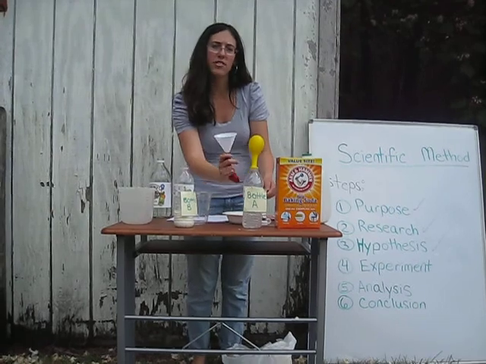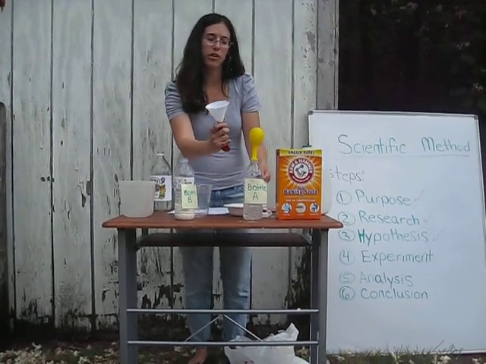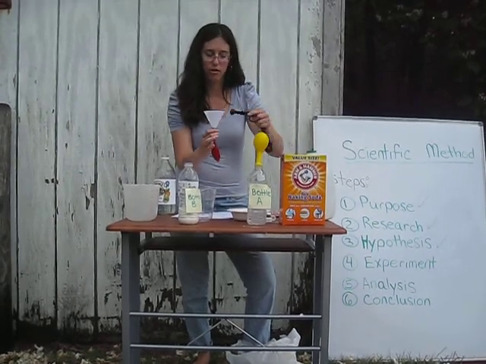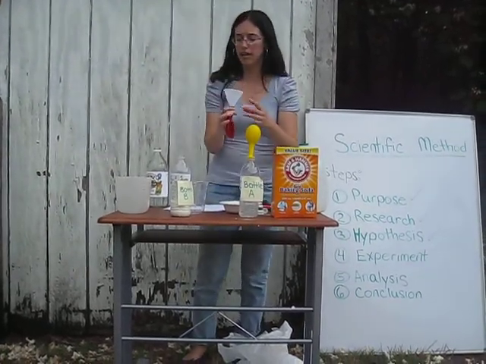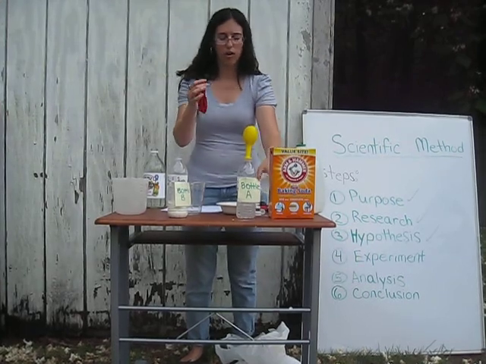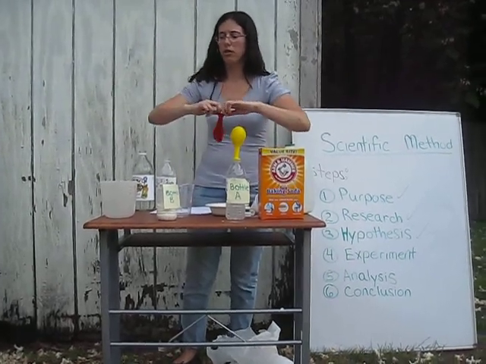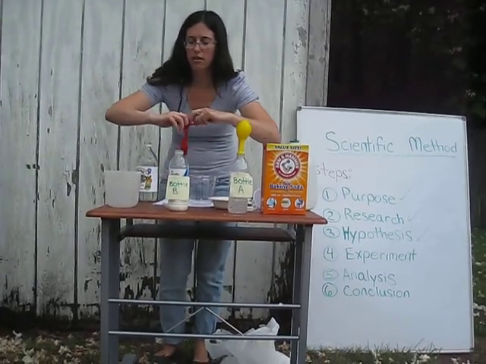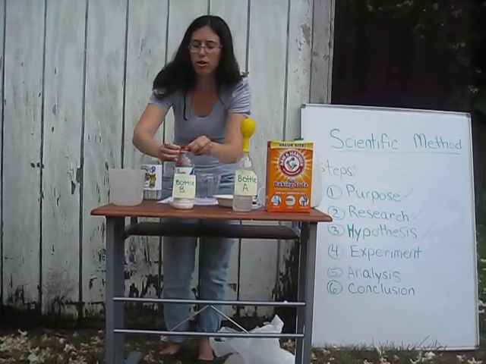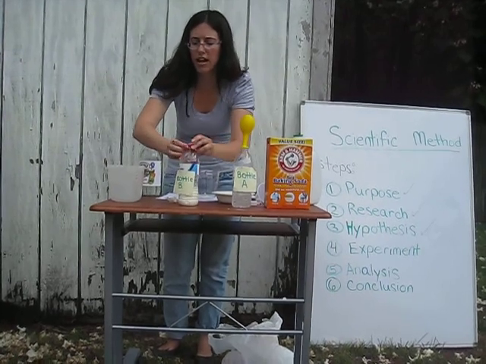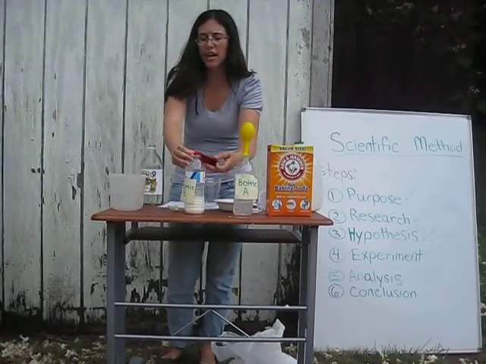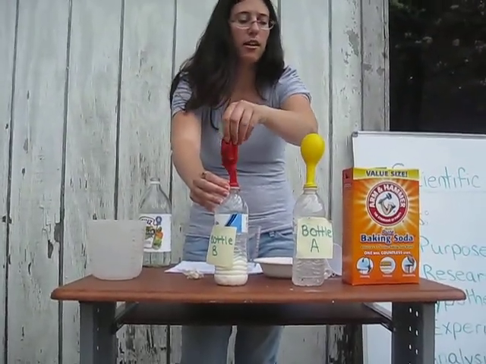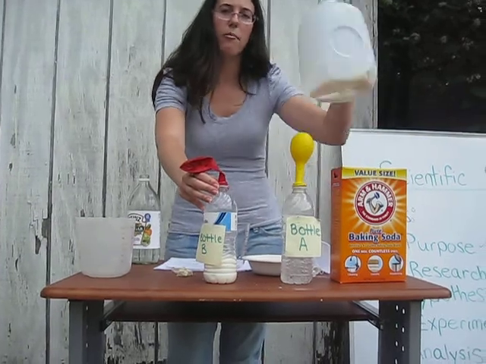Again, I put 1/2 teaspoon of baking soda into bottle A, so I also want to use 1/2 teaspoon of baking soda for bottle B. Again, don't take the funnel off until all the baking soda is into the balloon. Stretch the top of the balloon out. Don't turn the balloon over until the balloon is on tight. Once it's on tight, put the balloon up and mix the baking soda and the milk together.